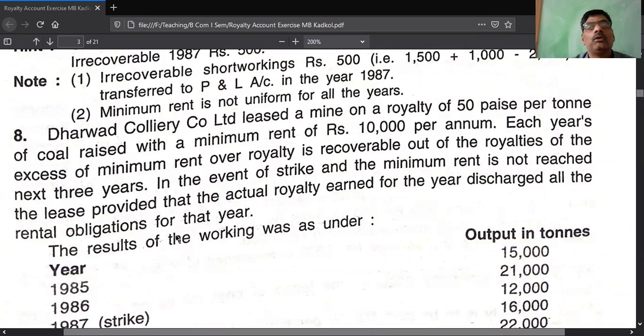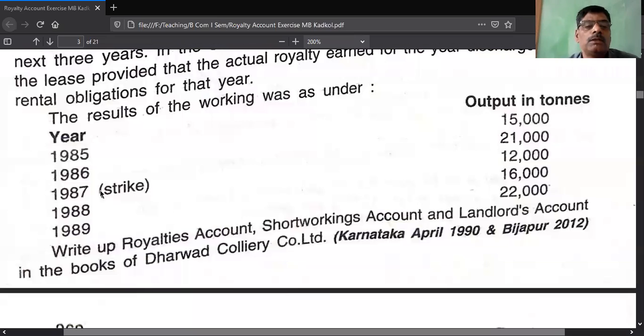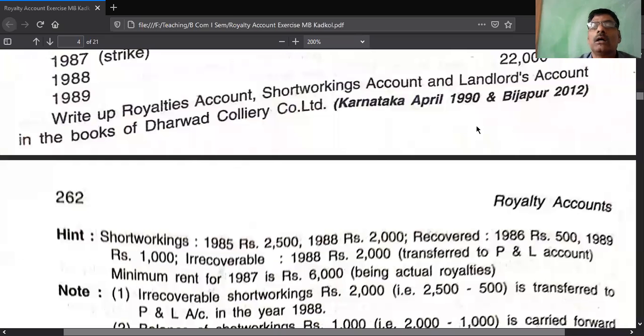Whatever royalty you calculate for the year of strike is considered the minimum rent. Minimum rent and royalty are the same for the year of strike. Remember this. And this is the information: 1987 is a strike. You calculate the amounts and draw the accounts.